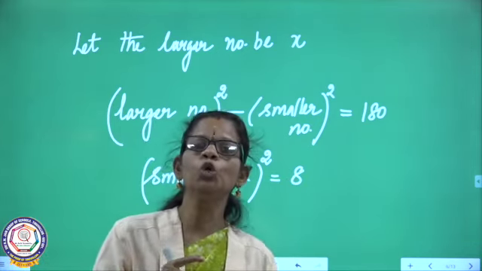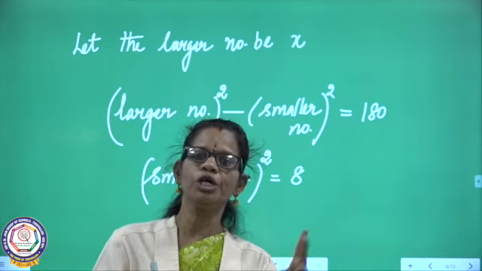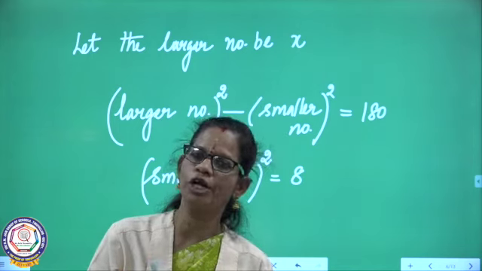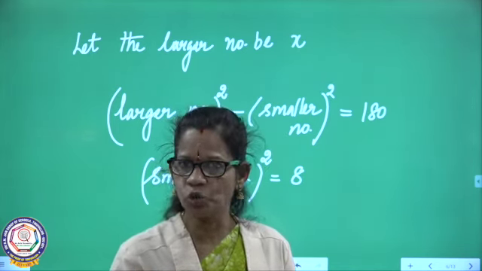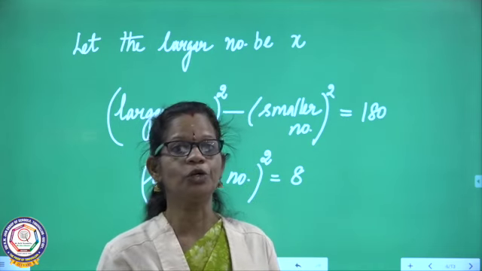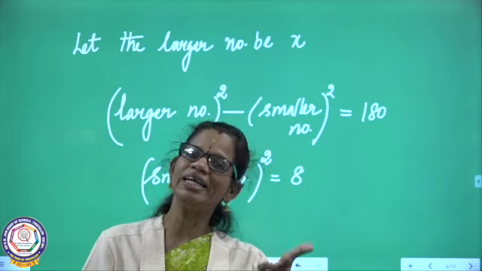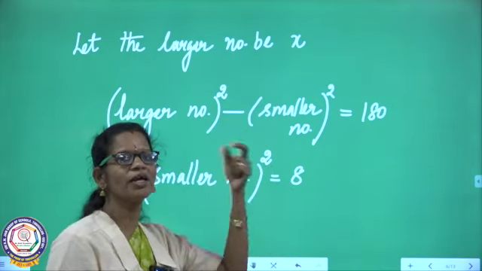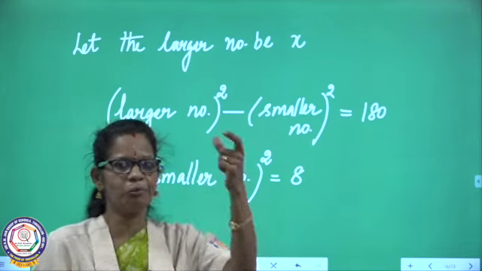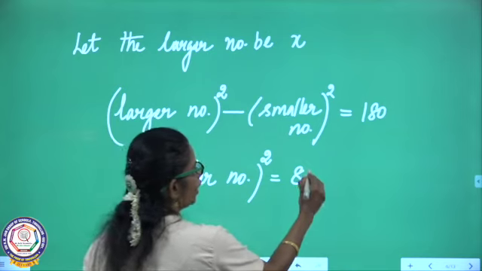Multiplication, right? 2 times 3 means 2 plus 2 plus 2, or you can say 2 into 3, because multiplication is repeated addition, right? Times should be replaced by the symbol of multiplication.